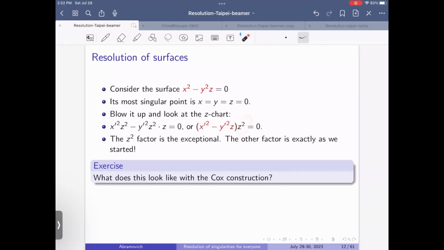This becomes exceptional. And I put exercises through the notes, and if we have time at the end, we can go through some of the exercises, whichever ones you ask me to do.